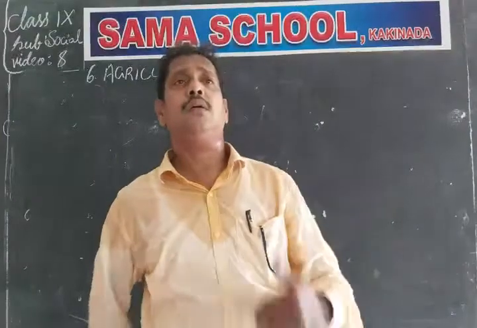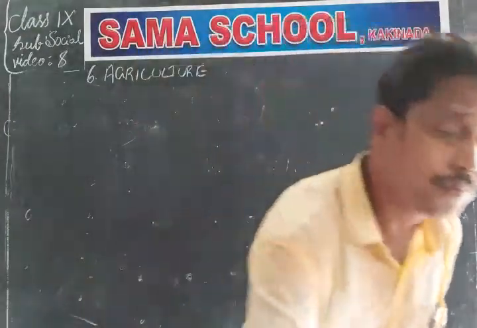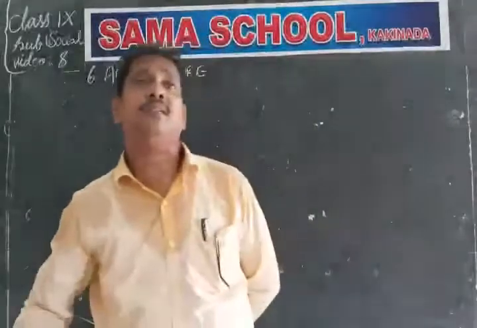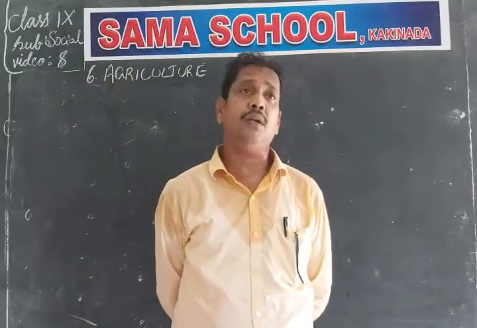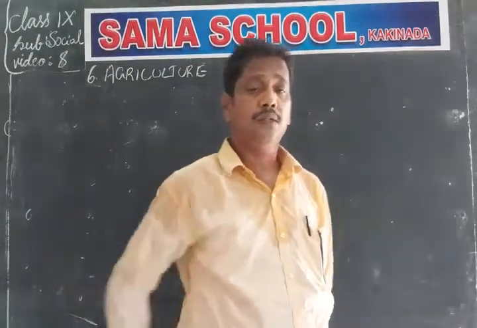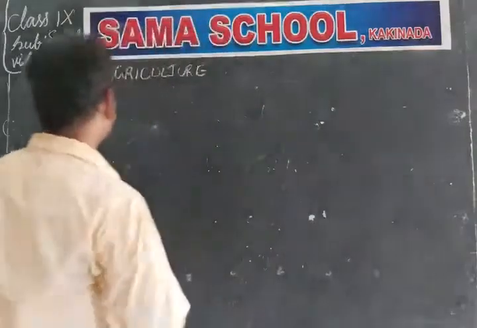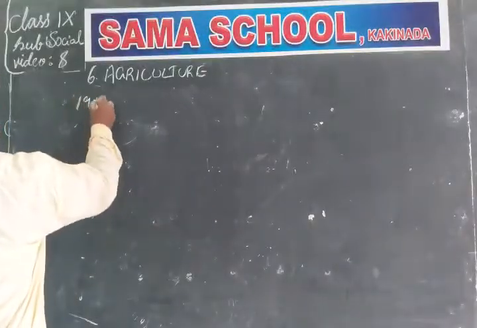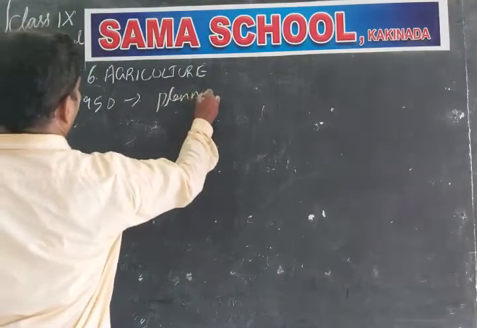Because before independence, India witnessed many starvations and famines, like the great Ganjam famine between 1923 and 24. So the newly independent Indian government first gave priority to agriculture in their planning.